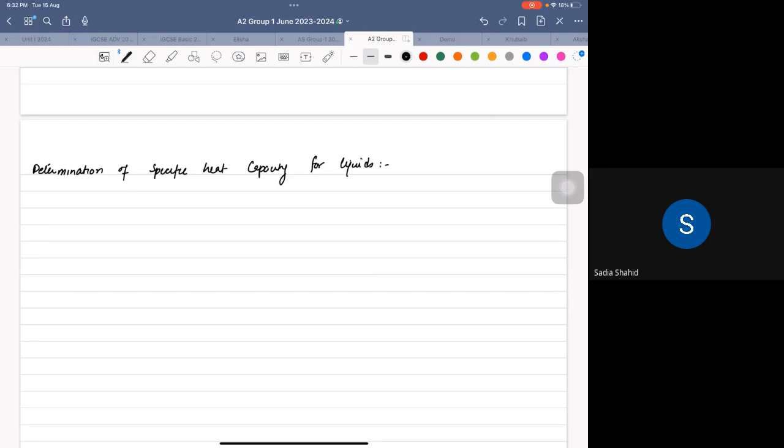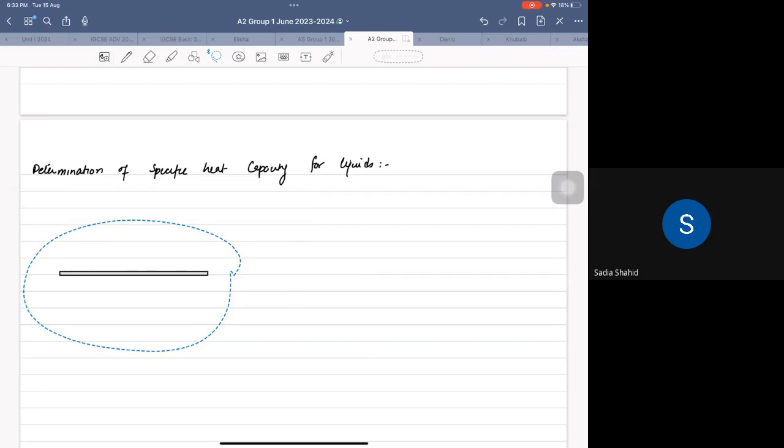Now, for that, you need to have a setup. It's basically, let me draw this first. So, you need two thermometers in this one.